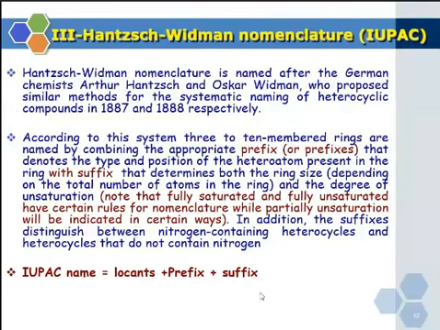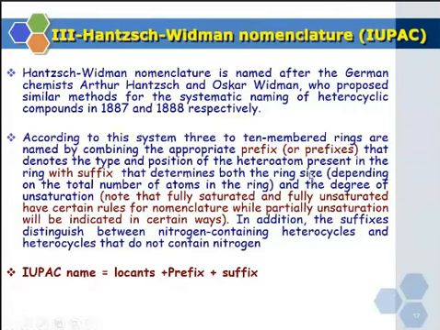As per this system, 3 to 10 membered rings are named by combining the appropriate prefix that denotes the type and position of the heteroatom present in the ring with a suffix which determines both the ring size and the degree of unsaturation.